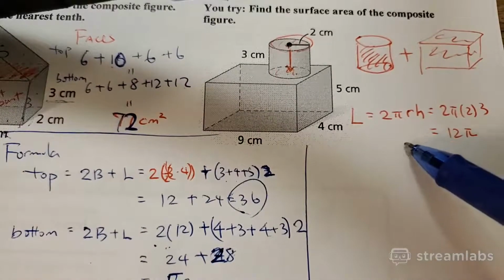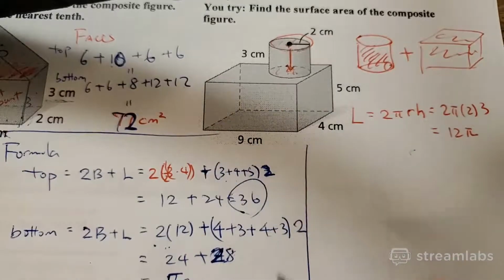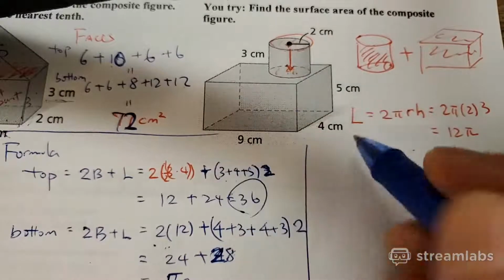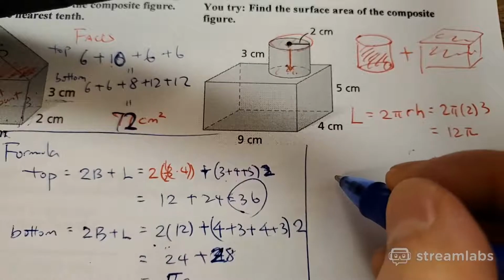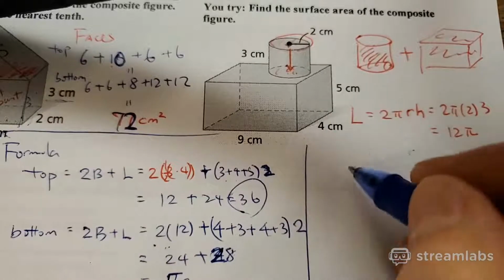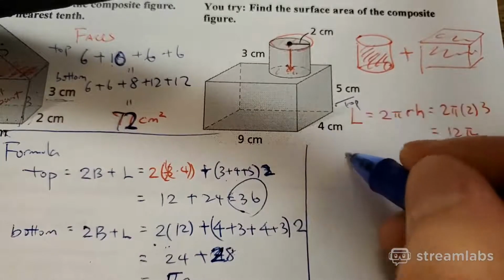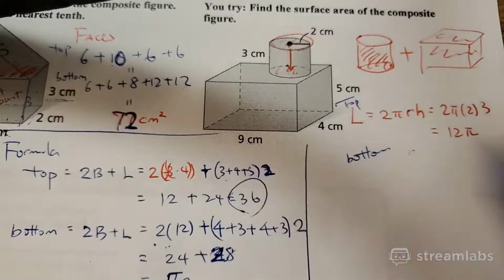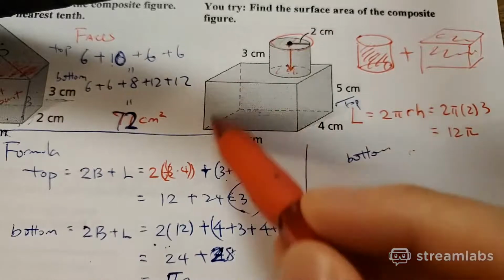And then your rectangle is going to be the bottom. So this is top. Bottom is going to be all this, right?